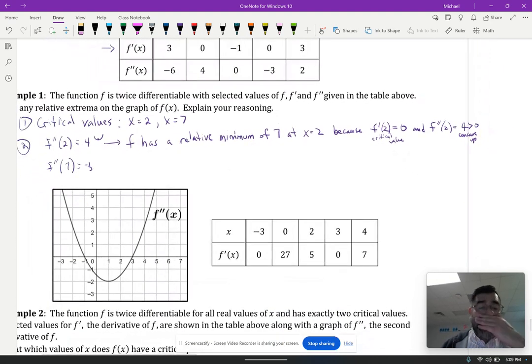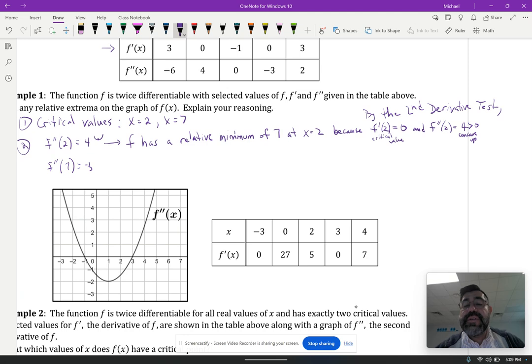So maybe I should say, by the second derivative test, f prime of 2 is equal to 0, and f double prime of 2 is equal to 4, which is greater than 0. Let's write it that way.